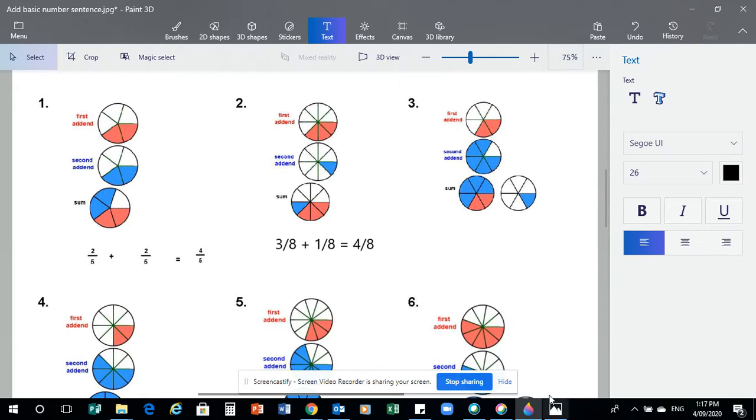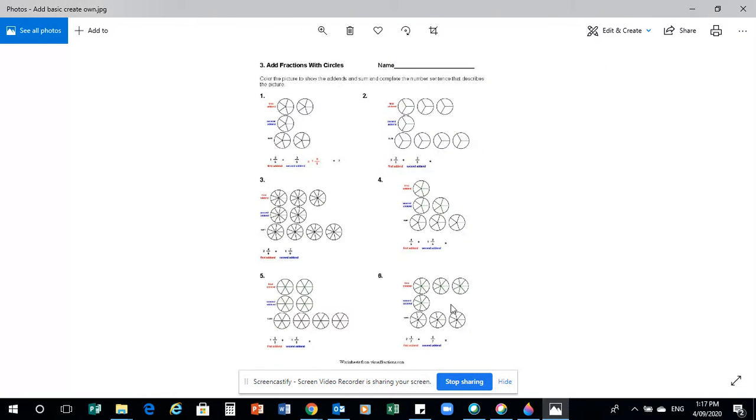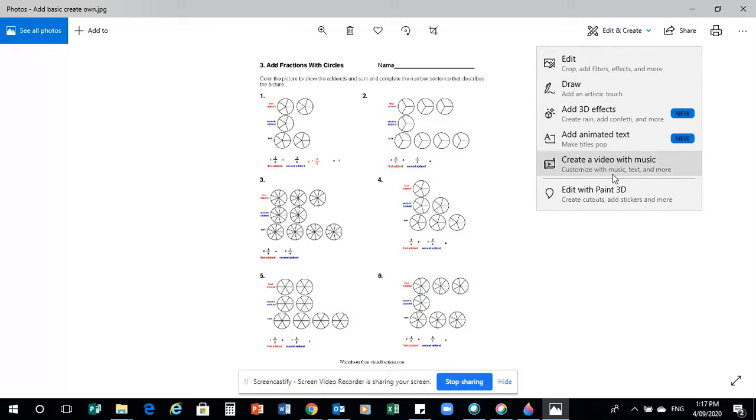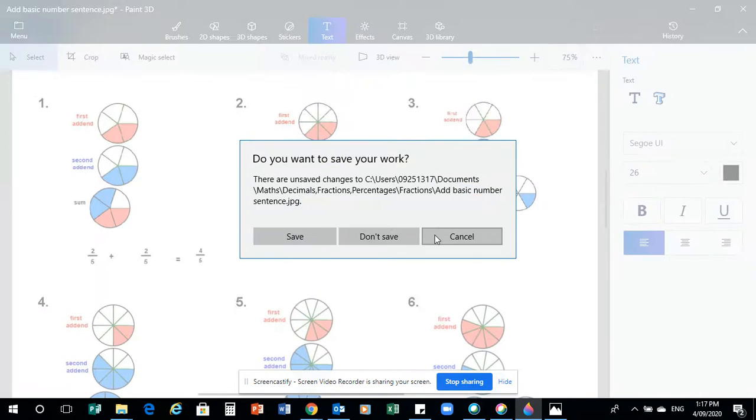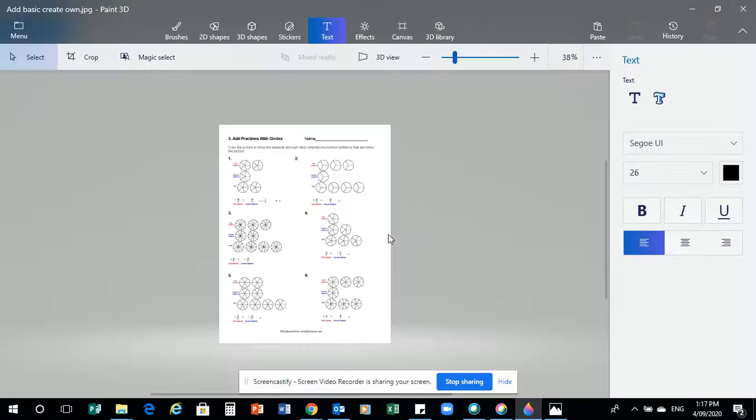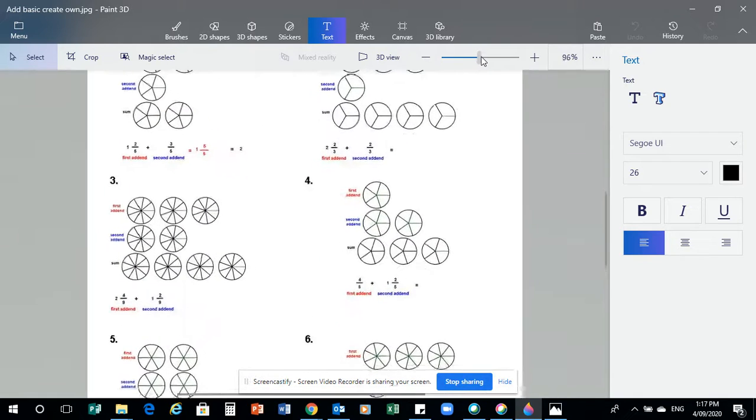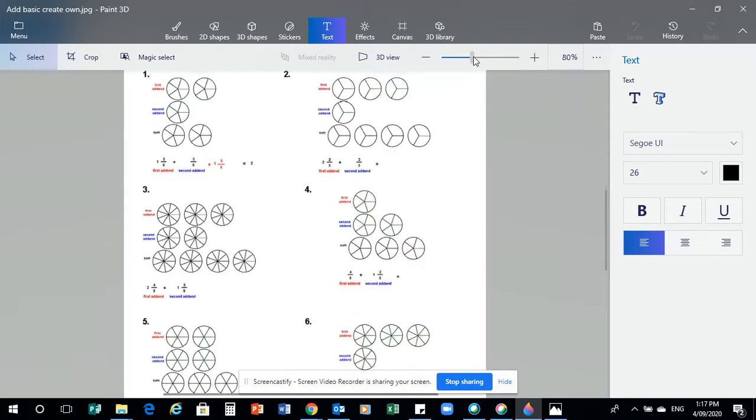Now the second part of our learning is you're actually doing the pictures as well as the answer. Okay. So I'm going to edit this with Paint 3D, so it makes it easier. All right, and that's why it's good with the Paint 3D because you can zoom, and it's good for Mr. P's old eyes.